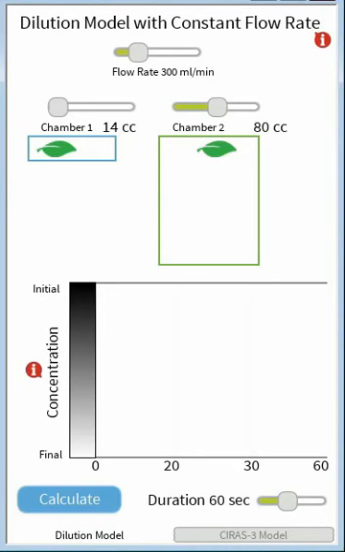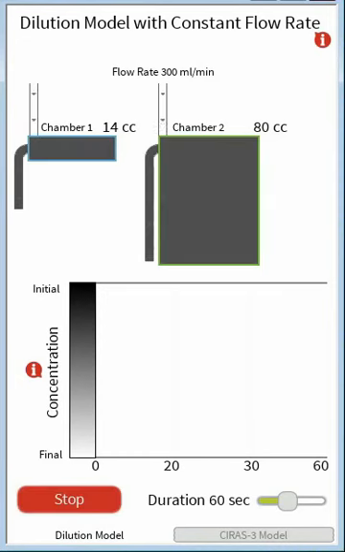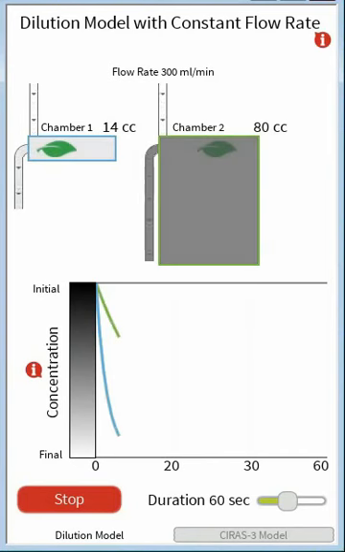The first page here is a dilution model where we've got two chambers, a 14 cc and an 80 cc, with a similar flow rate, 300 milliliters a minute, and we are changing the concentration of the gas in the chamber. So dark starts out as the initial concentration.